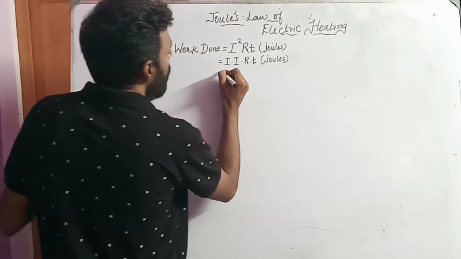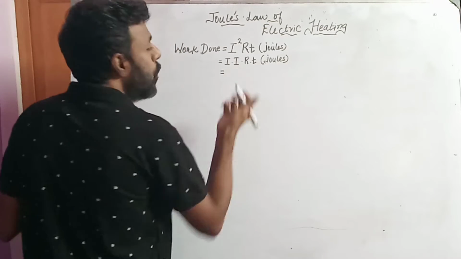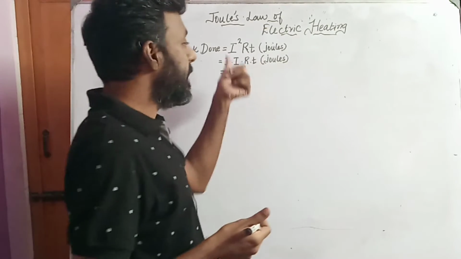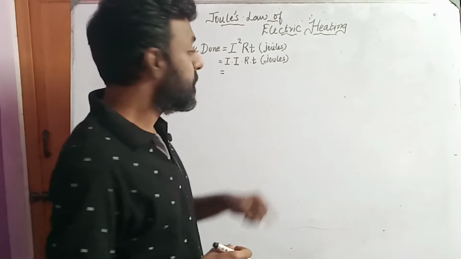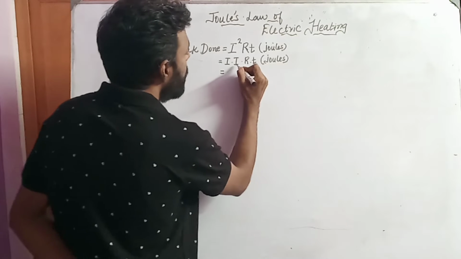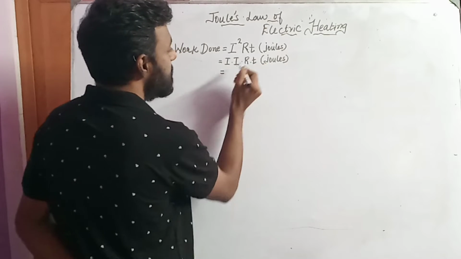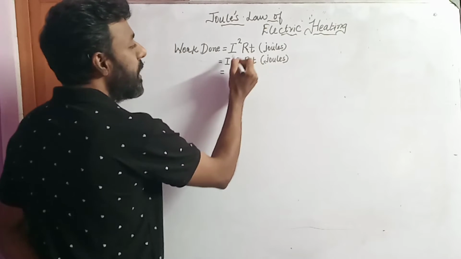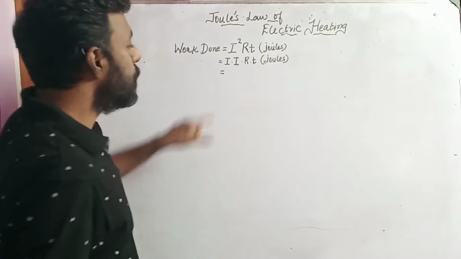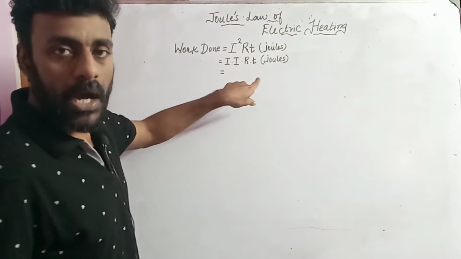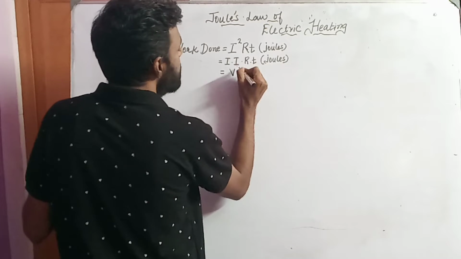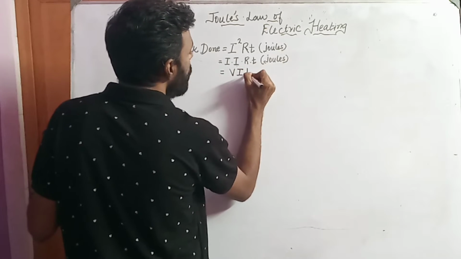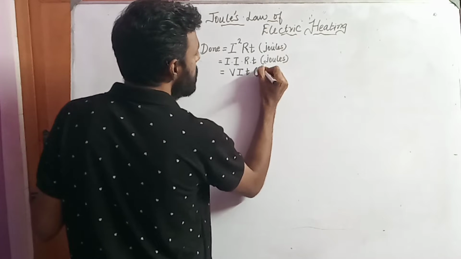According to Ohm's law, the voltage developed in the circuit is the product of current and resistance. So I can substitute V in place of I into R, and that gives VIT joules.